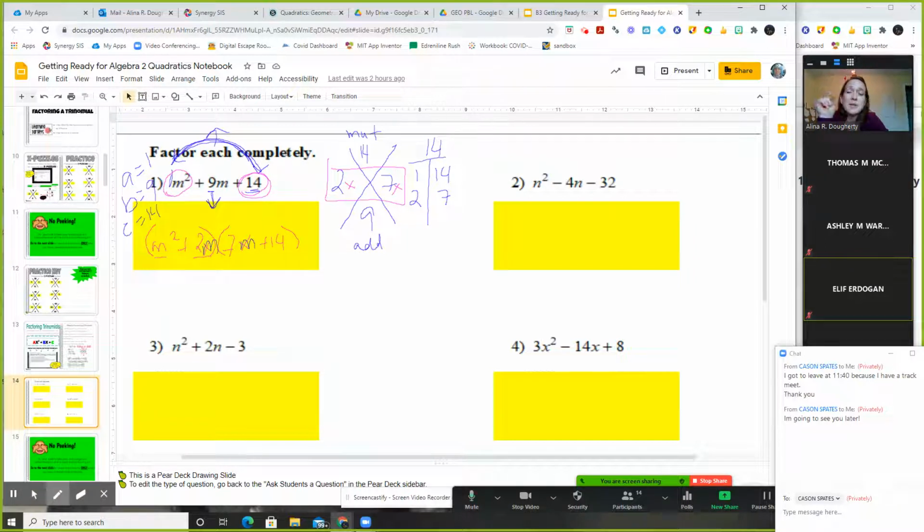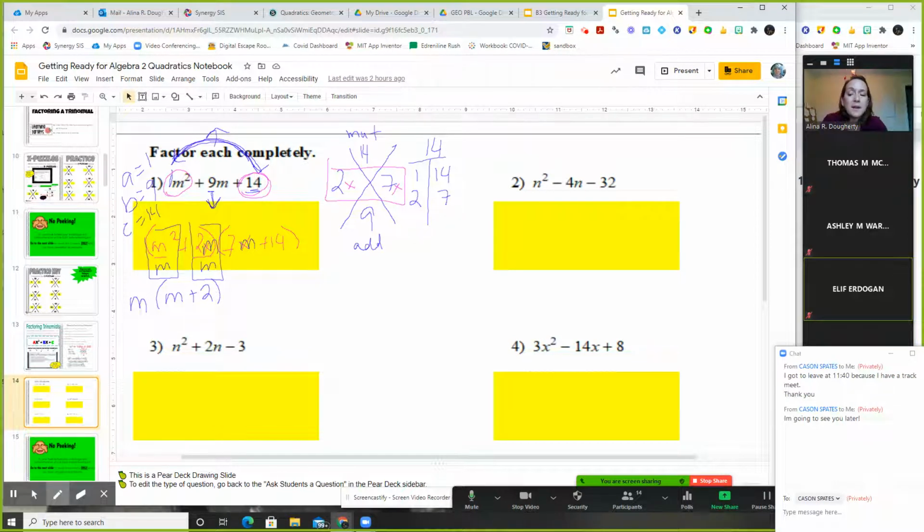I know many of you are saying m in your head. You're just not brave enough to say it out loud. We want to divide by m, right? So that m, greatest common factor, is going to come to the outside. When we do that division, m squared divided by m is just m. And 2m divided by m is 2.